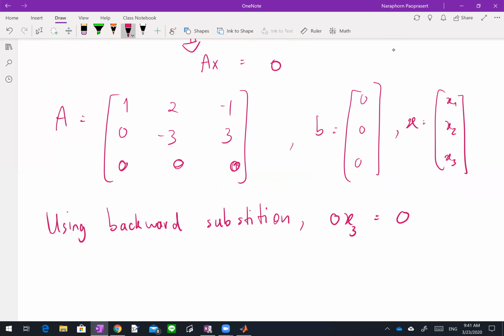If you have an equation that looks like this, you can see that x3 can be anything, right? x3 can be any real number. This is the symbol for the real number.